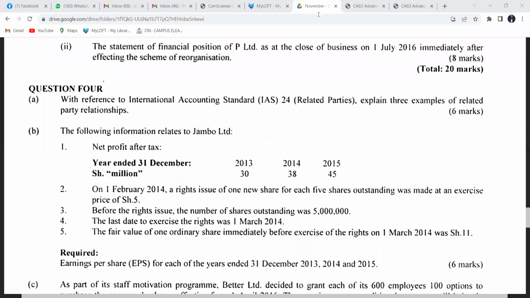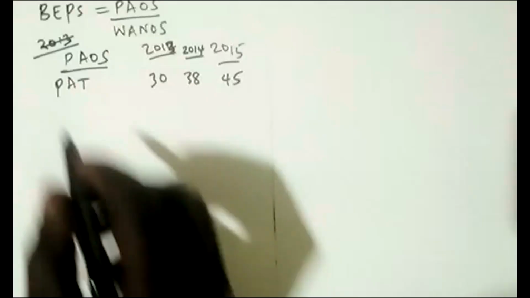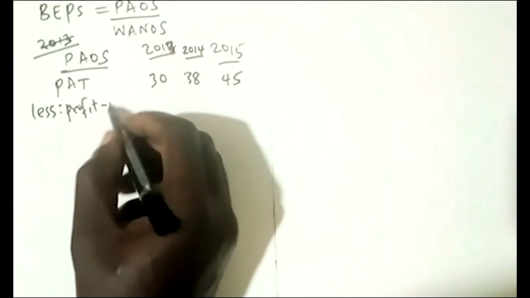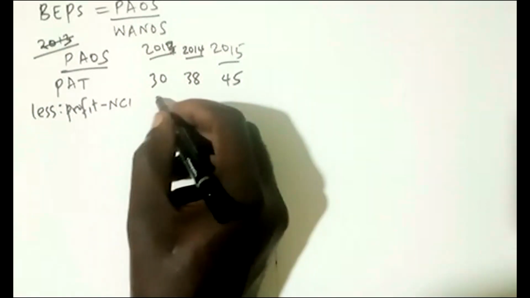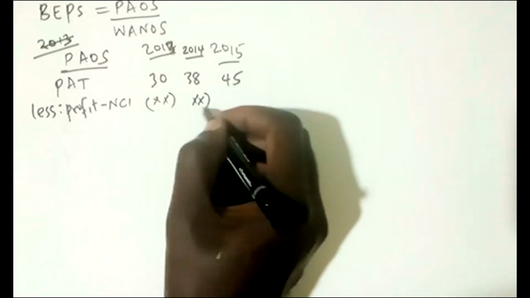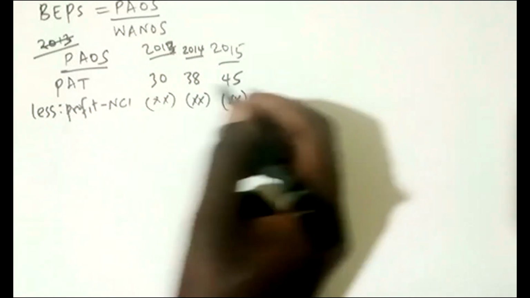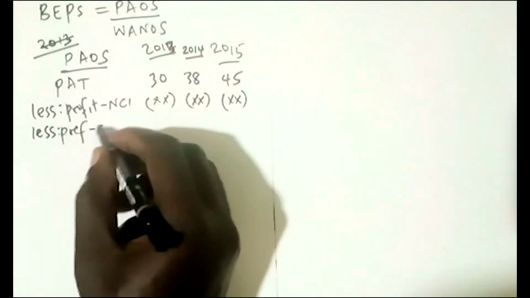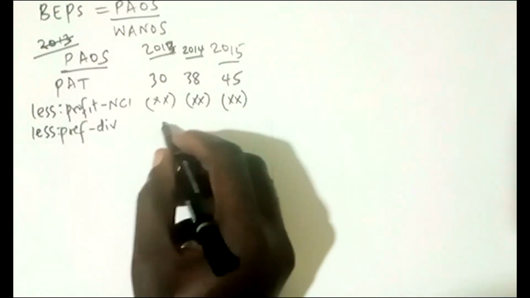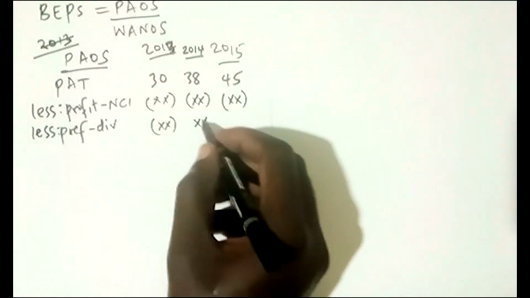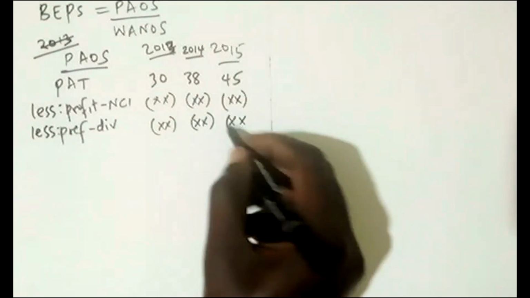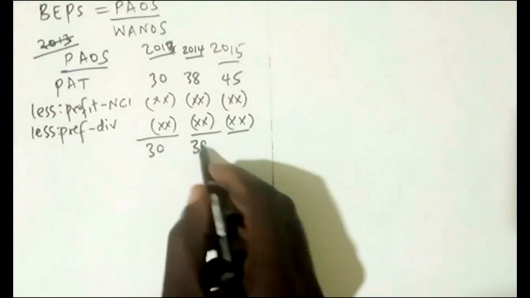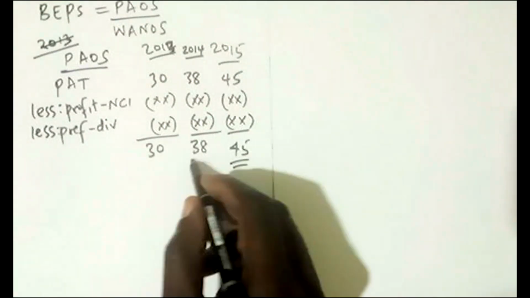Remember that if there was profit attributable to NCI, we could have deducted it. And at the same time, if there were preference dividends, we could have deducted those again. But there's nothing like that. So what we have here is 30, 38, and 45.